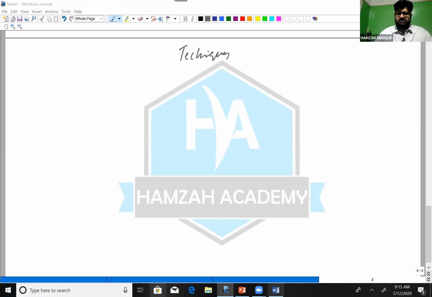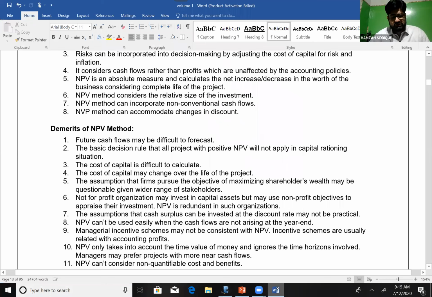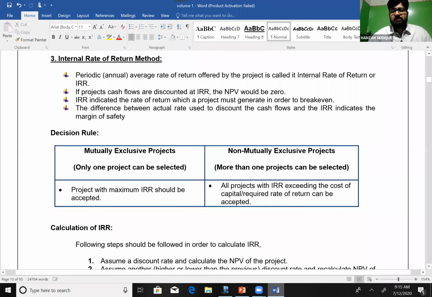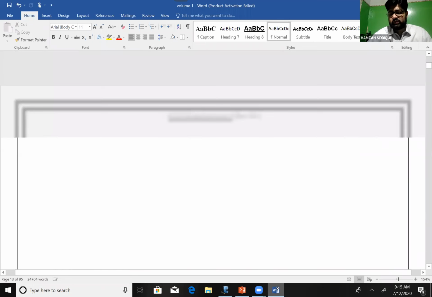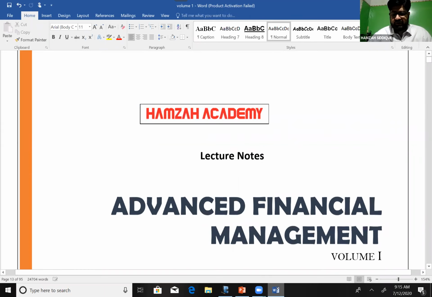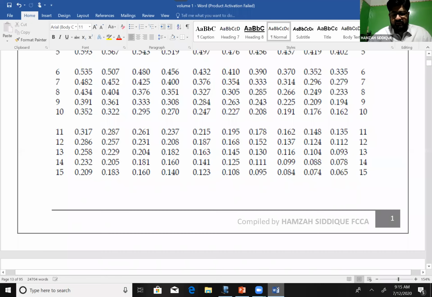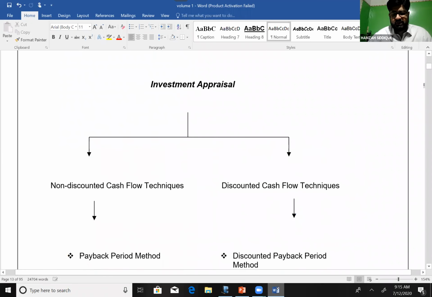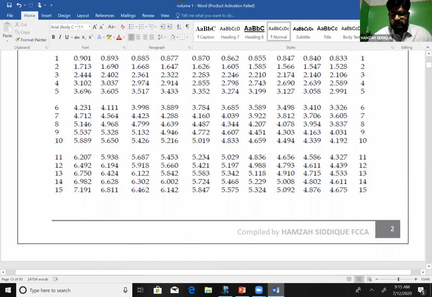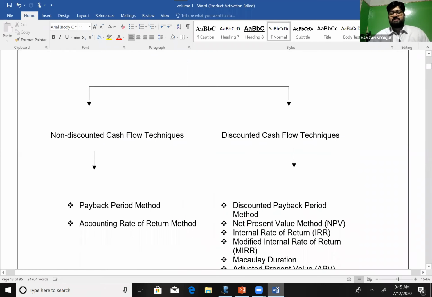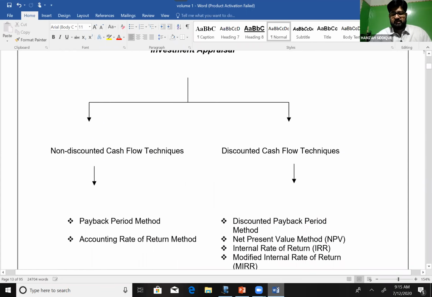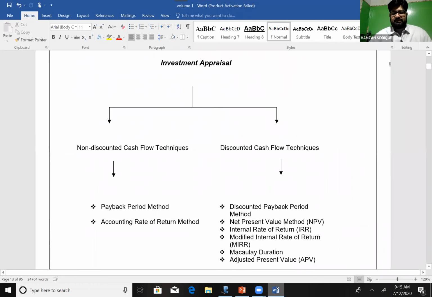These are my notes. You will be provided with the notes, which include exam practice questions as well. This is the annuity table, the present value table, which will be given to you in the exam as well.